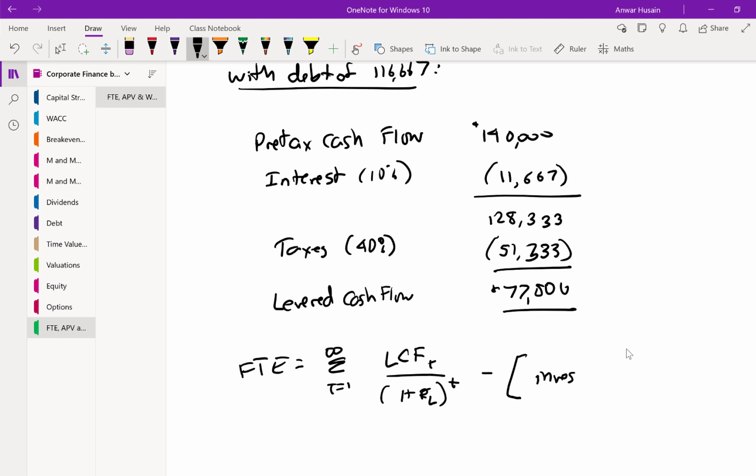So you had the investment minus the debt. We have everything here except we do not have this number, and that's going to create some calculations for us to do.